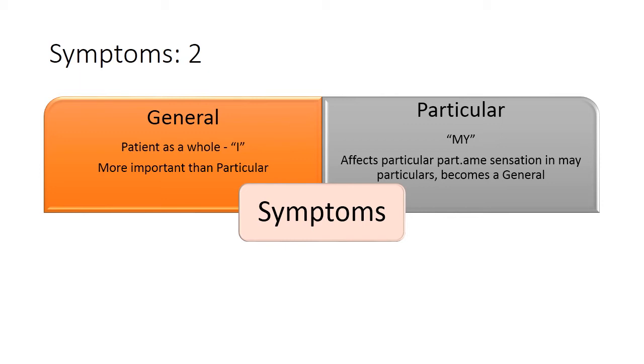So those are my symptoms. Unless a particular symptom is very strong or intense, it will have a lower place in the hierarchy of symptoms and gradation. Of course, if there are some particulars which have a sensation which occurs in more than two places, that can be treated as a general.